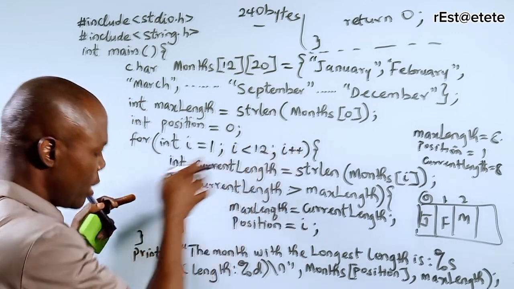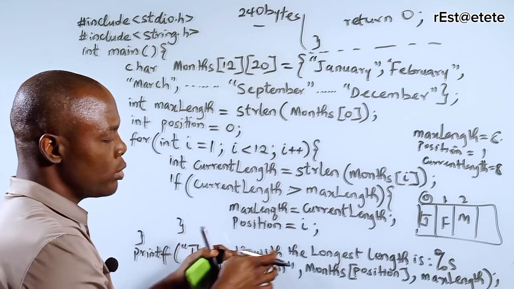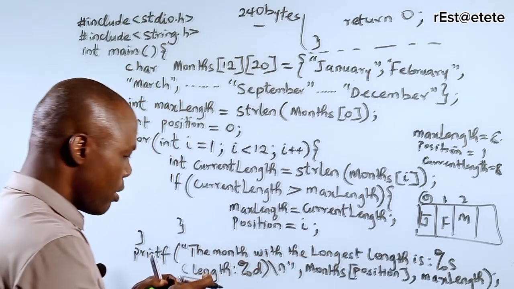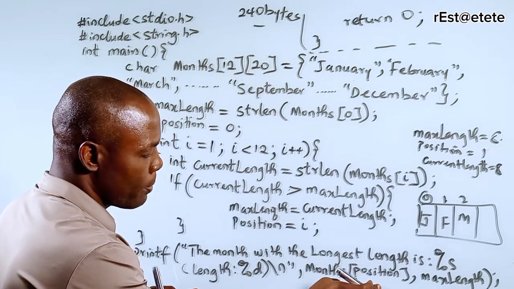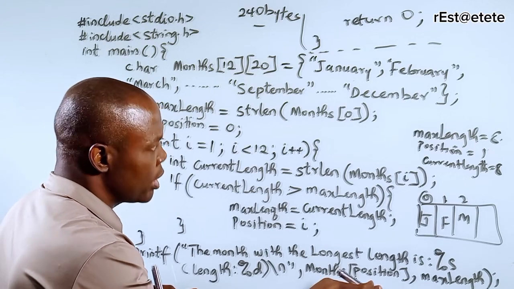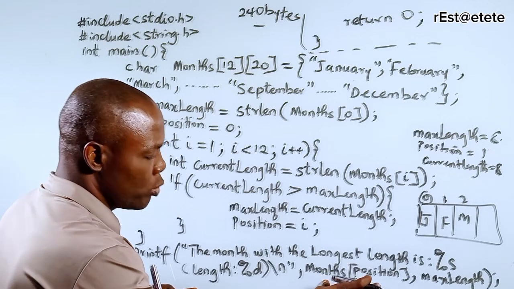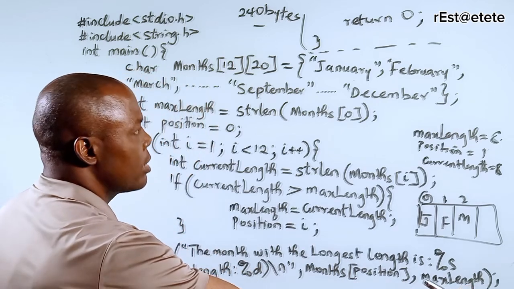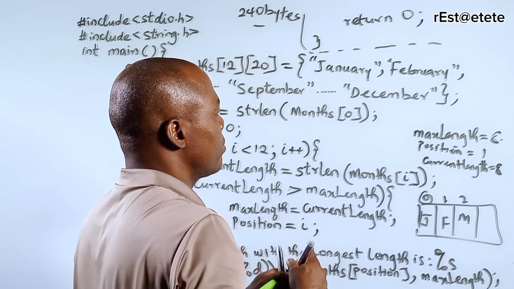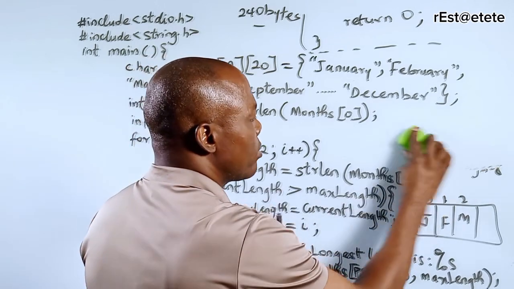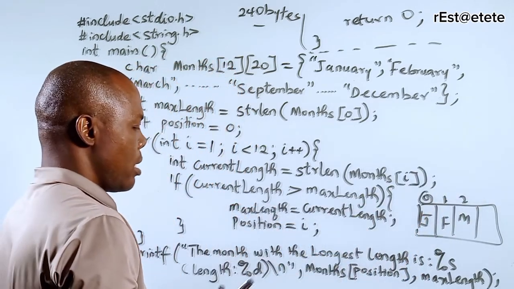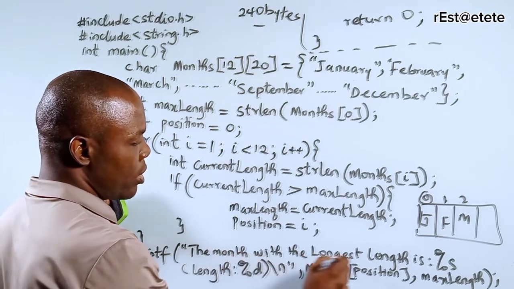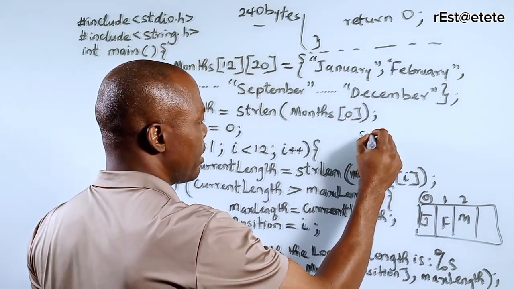Then when it's done, it will come out and print the month with the longest length, whatever is in this position. So at that point, it will check that month, then it will print it out, and it will print out what? The length. So this will print out: the month with the longest length is September.